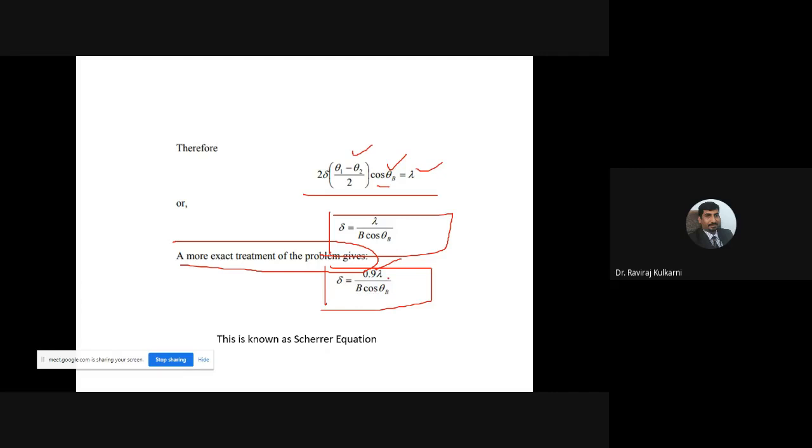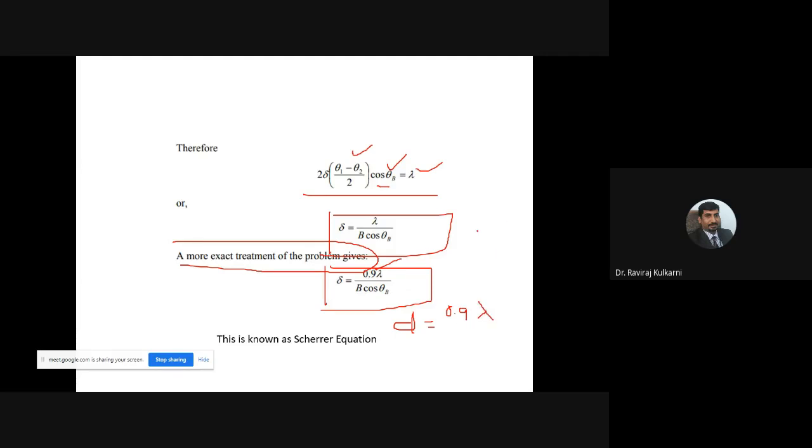We get 0.9 into lambda divided by beta cos theta, where B we usually call beta. So the crystallite size of the nanostructure is given by D, instead of delta, equal to 0.9 into lambda divided by beta cos theta.